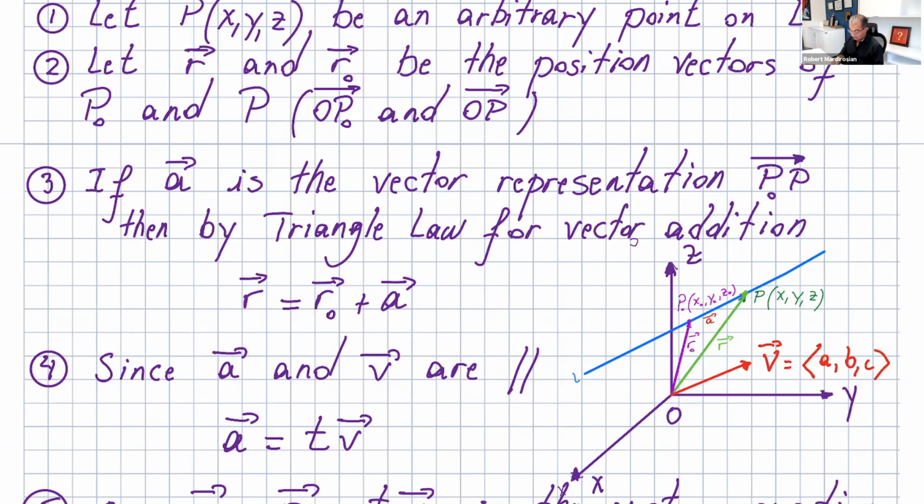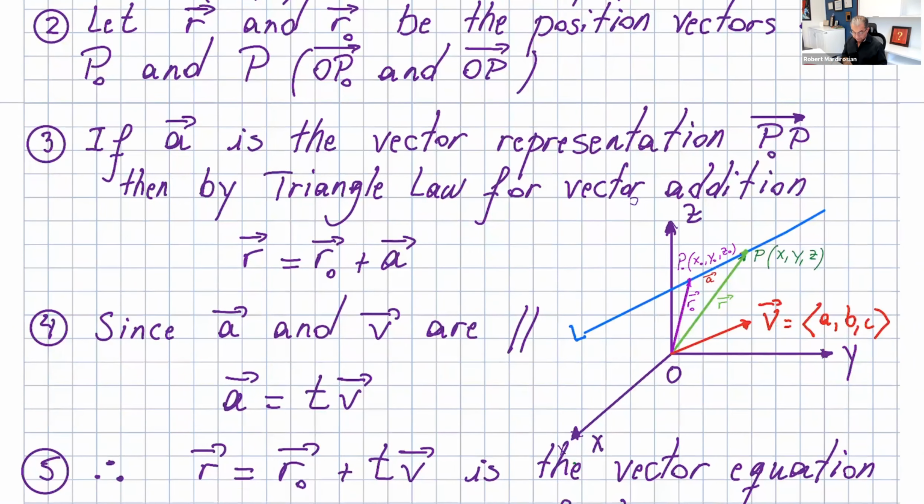One thing we know is that the line and this vector are parallel. This is our line L here. Since a and v are parallel, this vector and that vector are parallel.